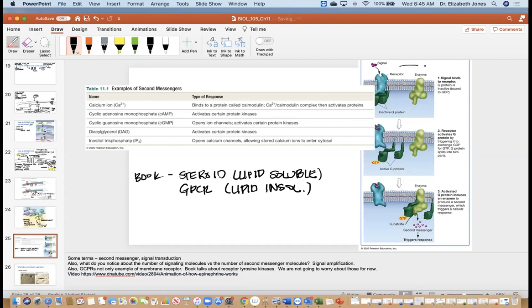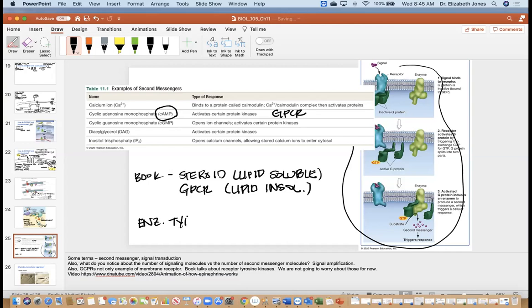Now, I wanted to mention a couple things. So this is just a picture of that same system from your book, and so we're not going to go over this a third time, but I do want to mention that I gave you an example of cyclic AMP as a second messenger, and we talked about G protein coupled receptors. But there are other receptor types that kind of work in a similar fashion. For example, there's a section in your book that talks about an enzymatic receptor called a tyrosine kinase.